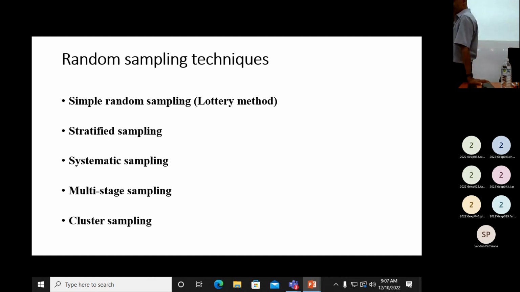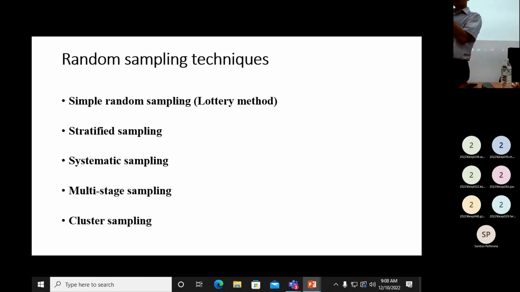Right, simple random sampling means equal opportunity is there for all the items of the population to be selected into the sample.